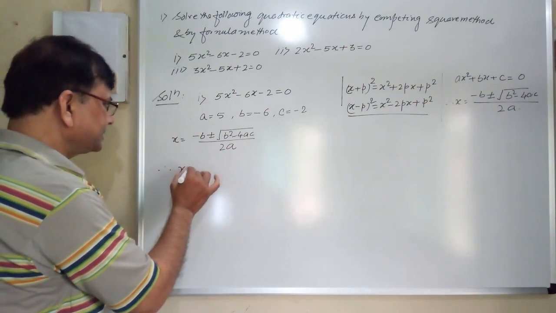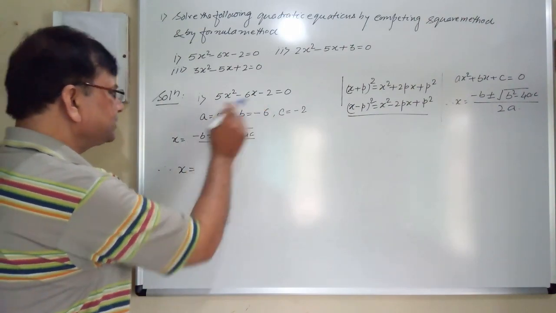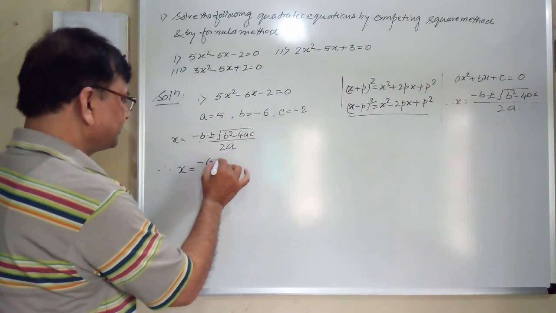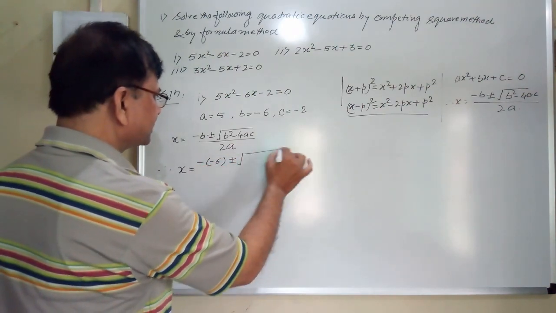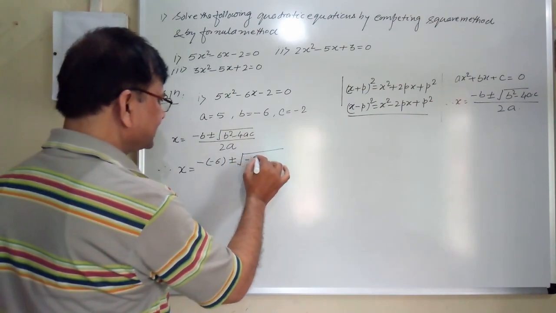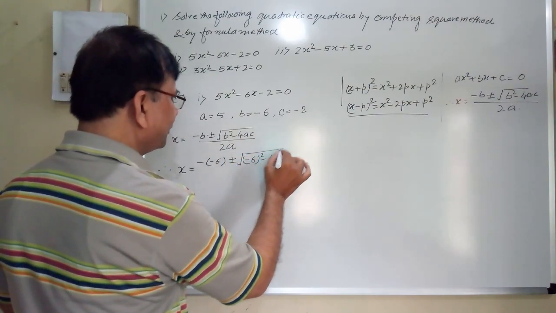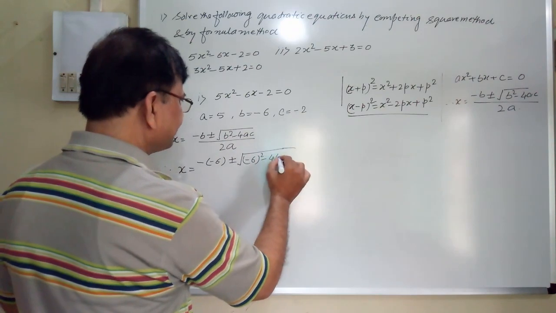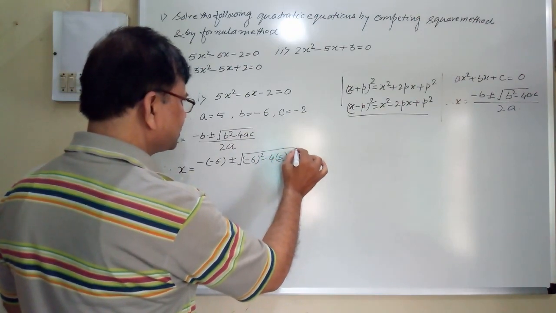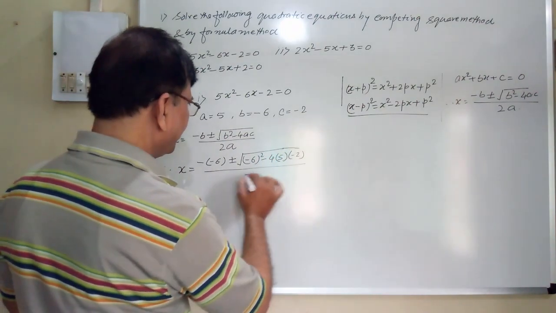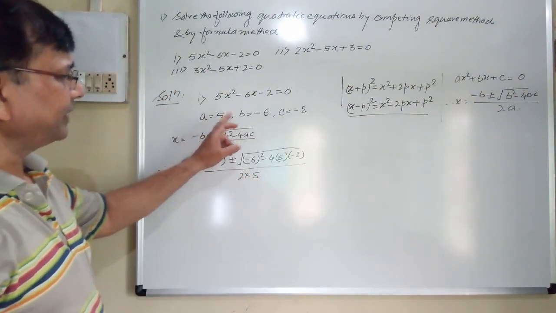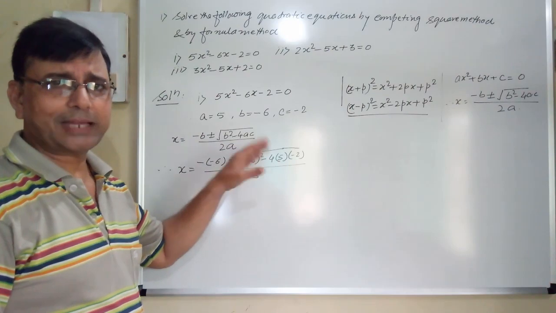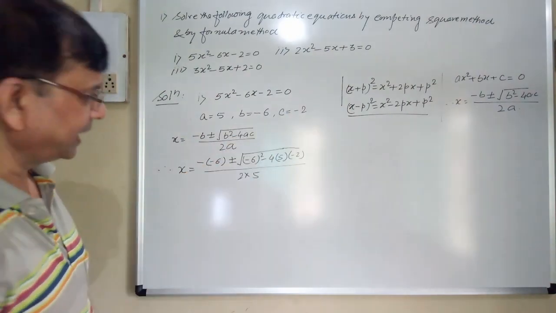Therefore x is equal to minus b, b is minus 6, so minus of minus 6, plus minus under root b square, that is minus 6 square, minus 4 into a is 5 and c is minus 2, upon 2 into 5. Whatever values are there of a, b and c, we have put those values in the formula.